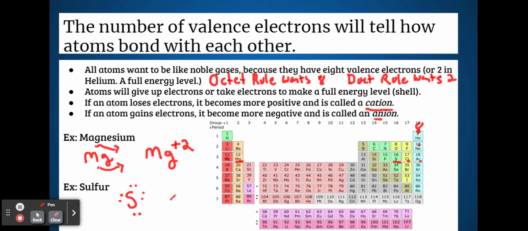When you gain more electrons, you become more negative, and sulfur is going to end up having a -2 charge. So however many electrons an ion has to gain or lose to become like its closest noble gas is going to be what its charge will be, or we can also call that oxidation number.